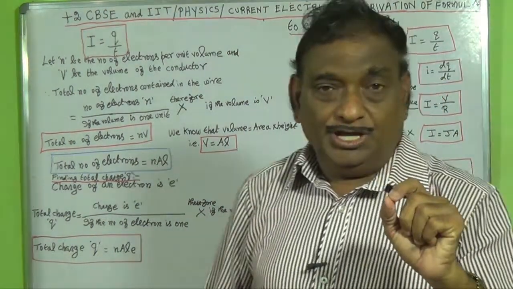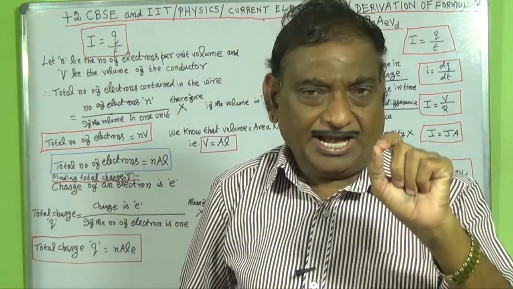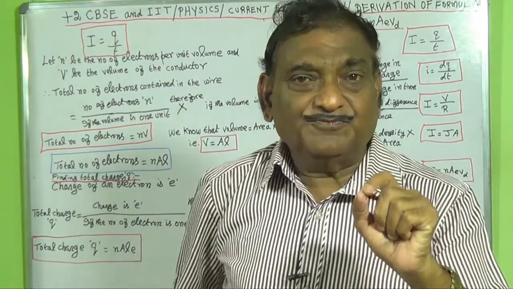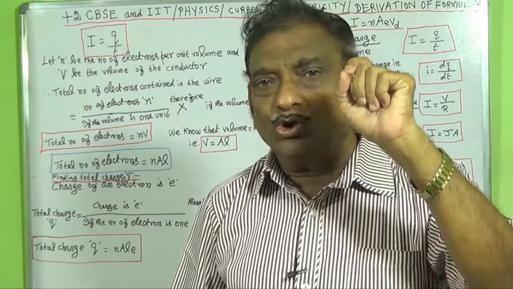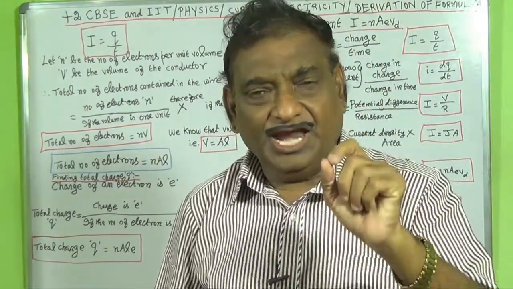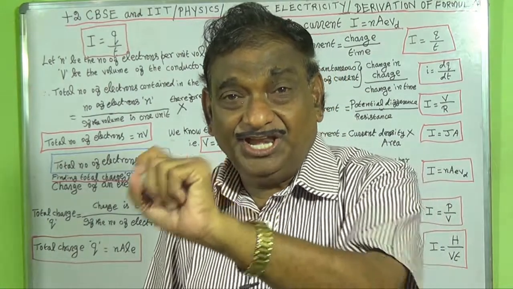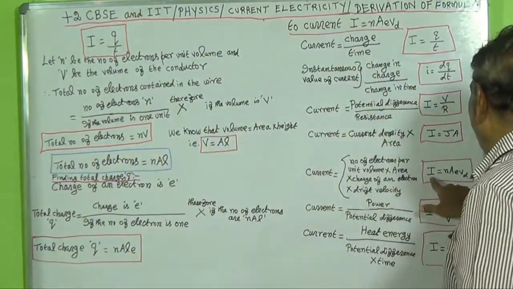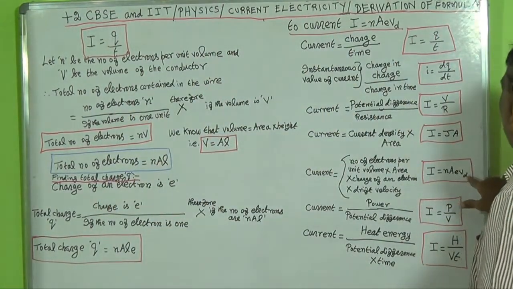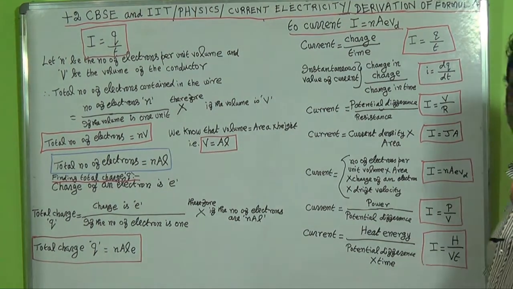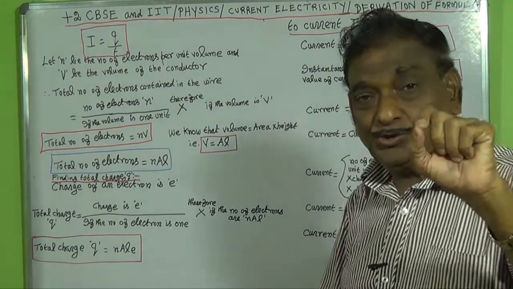Then we are going to see the formula for current relating drift velocity and the total number of electrons, that is current I equal to nAeVd. What is this n? Number of electrons per unit volume.